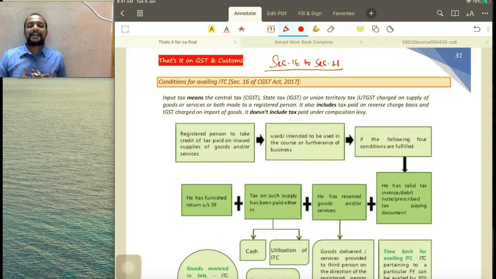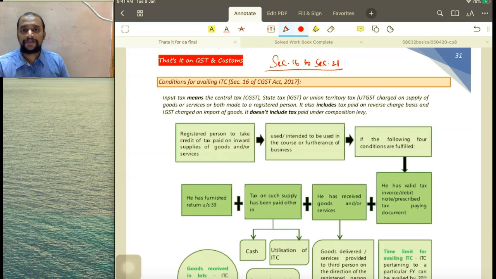When should I take credit? Refer section 16. How should I take credit? Section 17. There are some special cases, section 18. Goods sent on job work, section 19. And input service distributor, 20 and 21.